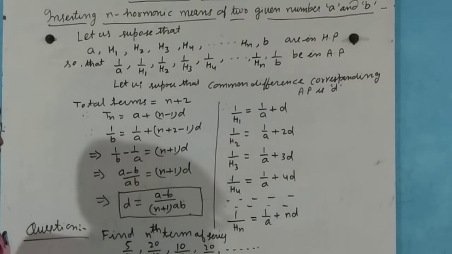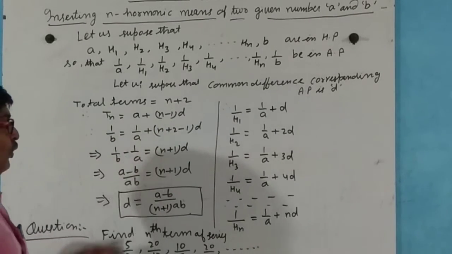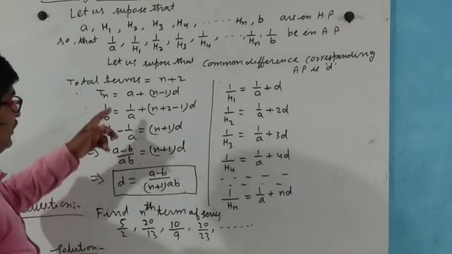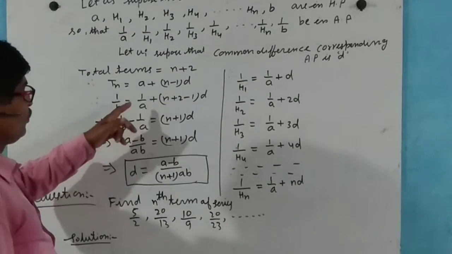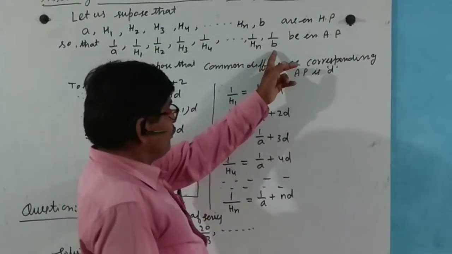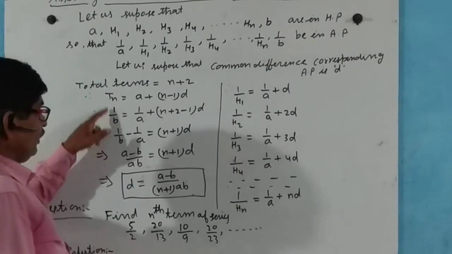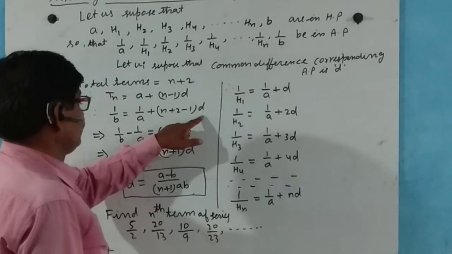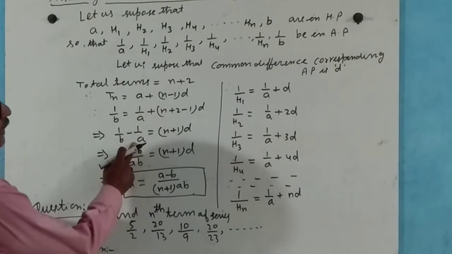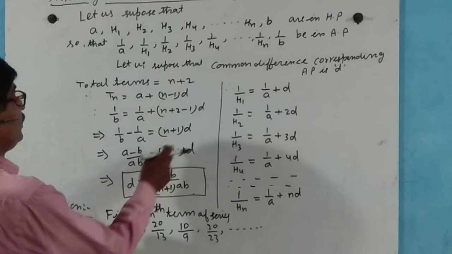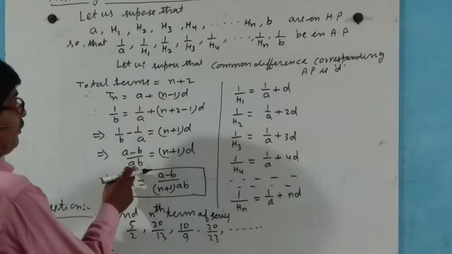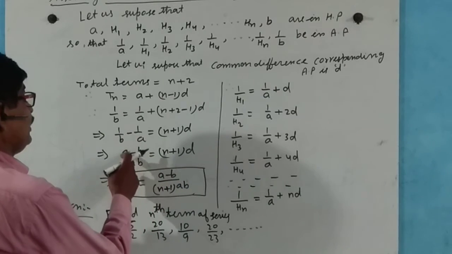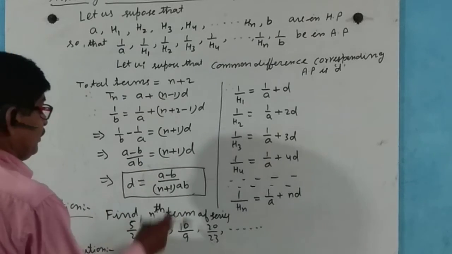We know that in arithmetic progressions Tn is equal to a plus n minus 1 into D. Similarly, in this case n is replaced by n plus 2, so 1 by B is the n plus 2 term: 1 by A, the first term, plus n plus 2 minus 1 into D. This comes to 1 by B minus 1 by A equals n plus 1 into D. We take the LCM AB: (A minus B) by AB equals n plus 1 into D, so that D equals (A minus B) by (n plus 1) AB.